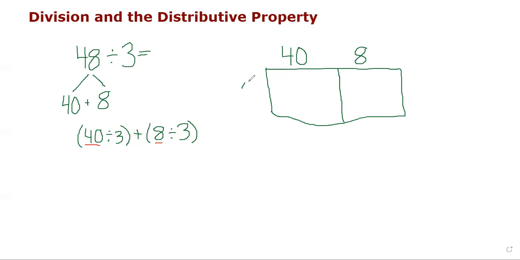And of course my 3 goes on the side because both of those numbers are getting divided by 3. So we're doing 40 divided by 3, and I'm doing 8 divided by 3.